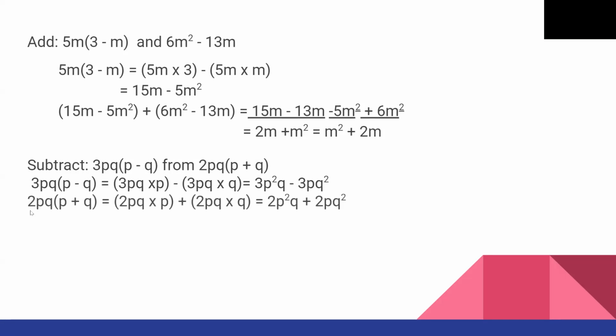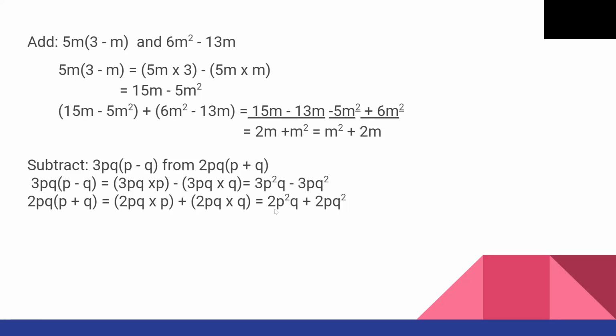Similarly, we will simplify the second expression. So let us take 2pq into p plus q equal to, first 2pq into p plus then 2pq into q. Simplifying, 2pq into p will become 2p square q plus then 2pq into q, this expression will become 2pq square. Now we have to subtract. From which one?